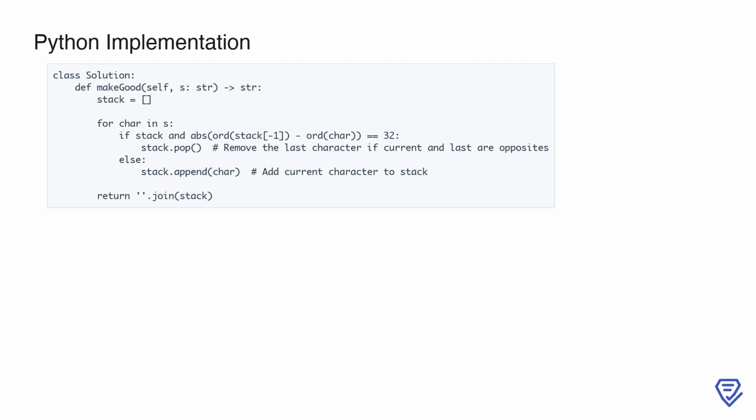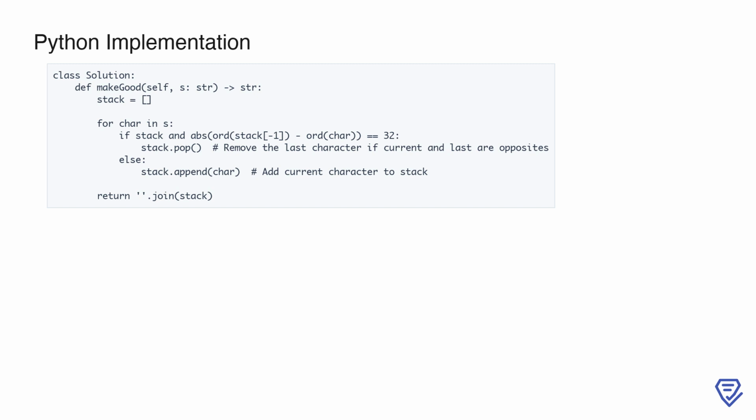For each character, we check whether the stack is non-empty and the top of the stack forms a conflicting pair with the current character. This is determined using the ASCII values of the characters. The absolute difference between their ASCII values must equal 32, e.g., a is 97 and A is 65, so 97 minus 65 is equal to 32. 3. Removing conflicting pairs.